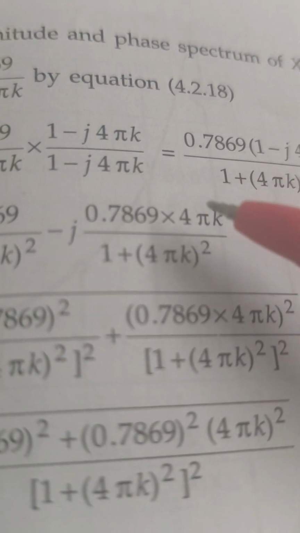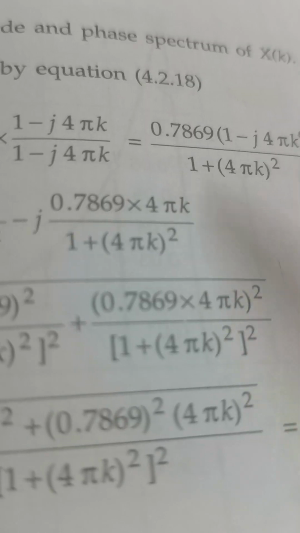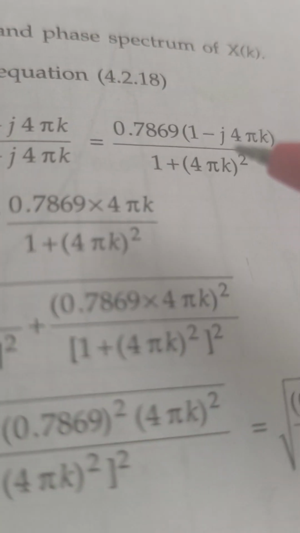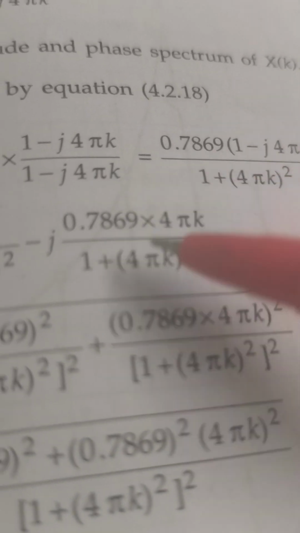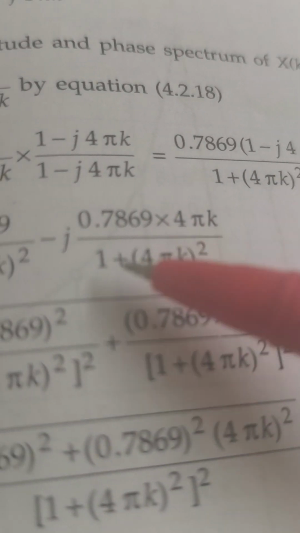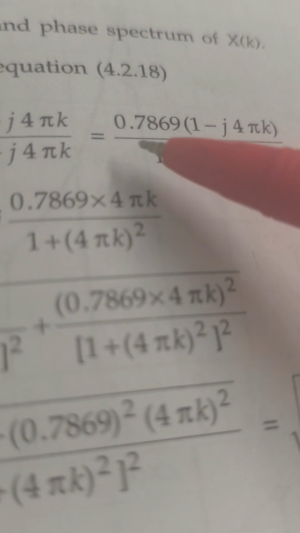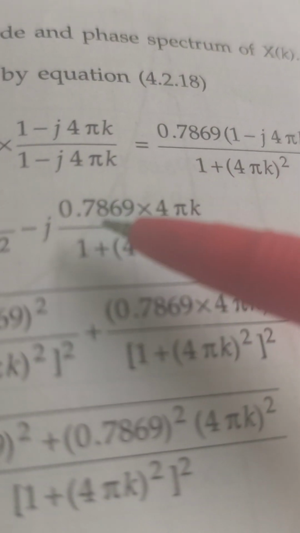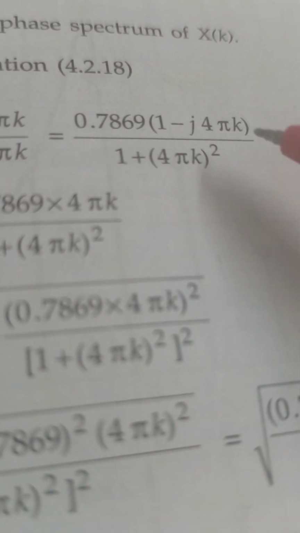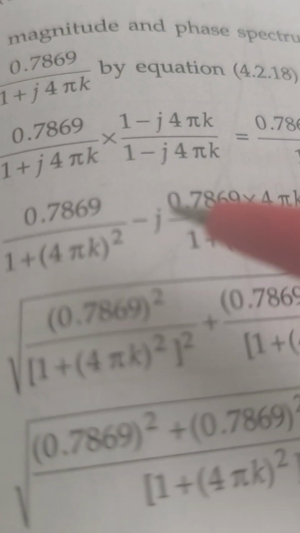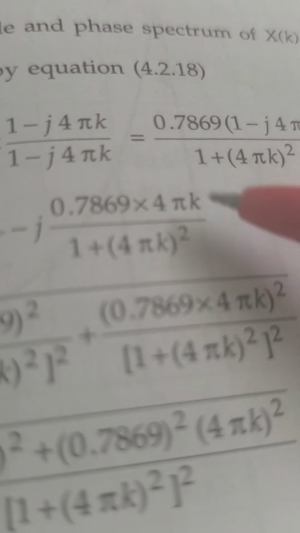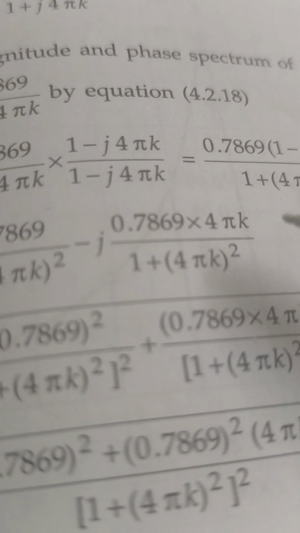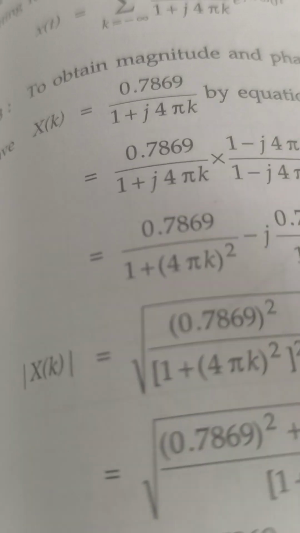I will separate the two terms, minus and j. 0.7869 is common, so we have 0.7869 into 4 pi k with j, and the denominator 1 plus 4 pi k square is common to both the terms. You will get this equation.